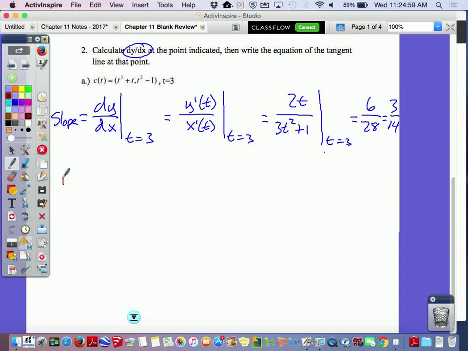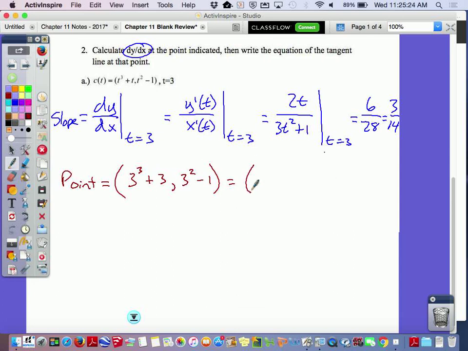Our next part of the tangent line is our point. When we are given parametric equations, we have to plug our t value into the x and the y component to get our x and y. So I'm going to do that. I'll plug 3 in for t. So we've got 3 cubed plus 3, comma, 3 squared minus 1.